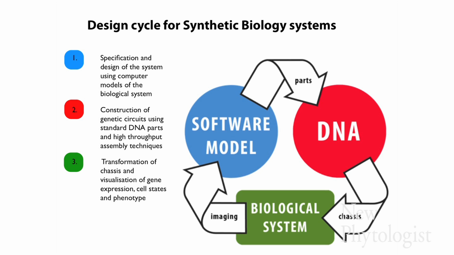And then using increasingly imaging techniques, particularly quantitative imaging techniques, as a way of not just visualizing the phenotypes of DNA encoded processes, particularly cellular processes, but also to obtain quantitative data and to feed these into software models. And the reason why this cycle is so important for us is that we're dealing here with essentially emergent properties, but also nonlinear properties.